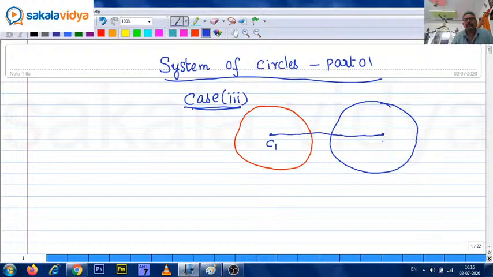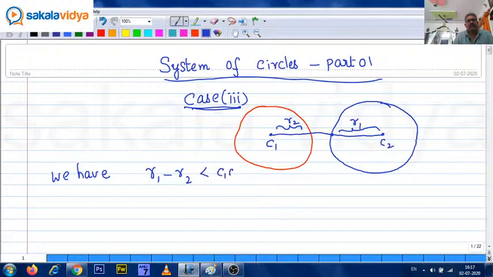This is C1, this is C2. Say this radius is R1, this radius is R2. Here we have R1 minus R2 less than C1 C2 less than R1 plus R2. That means these two circles do not touch each other.